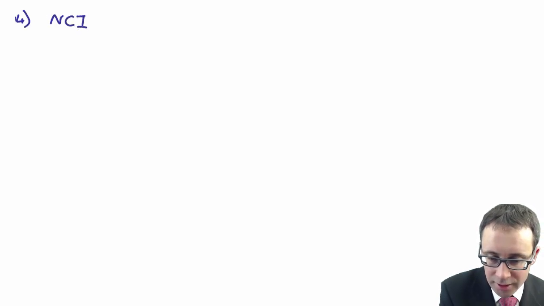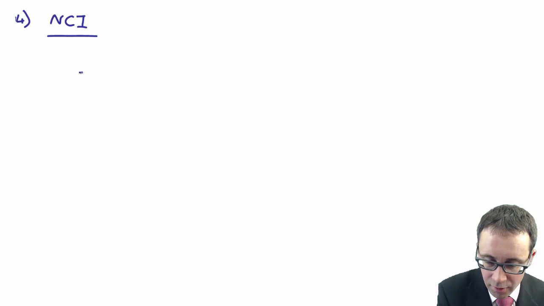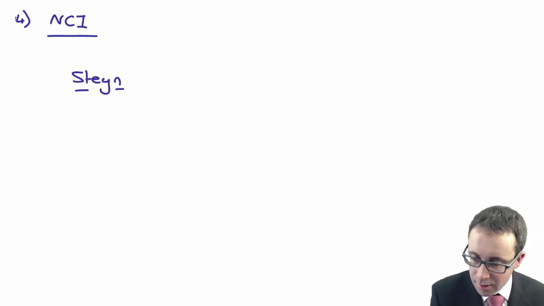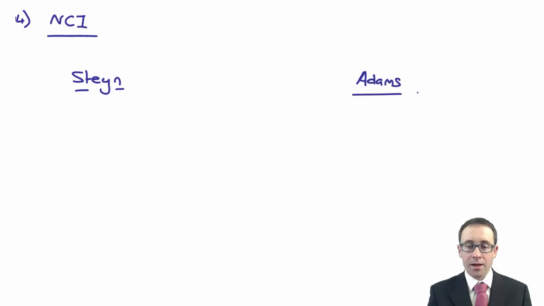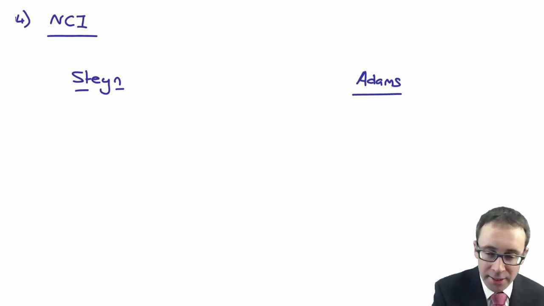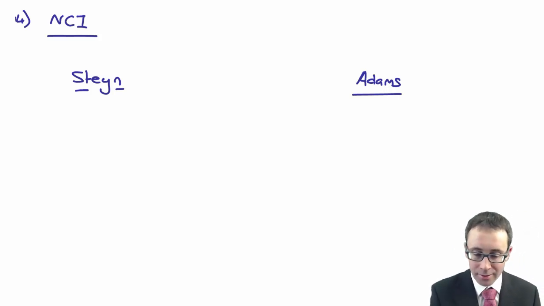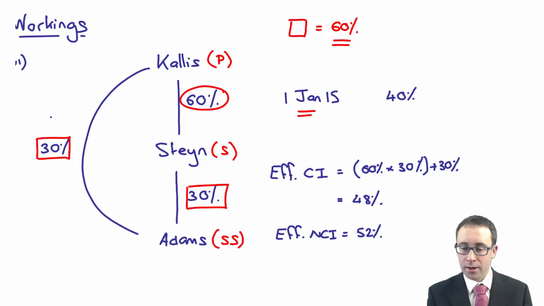Then what you've got at working number 4 is looking at the non-controlling interest, isn't it? So we've got the non-controlling interest in Stain. You've then got the non-controlling interest in Adams. Again, best practice, put in the NCI ownership.